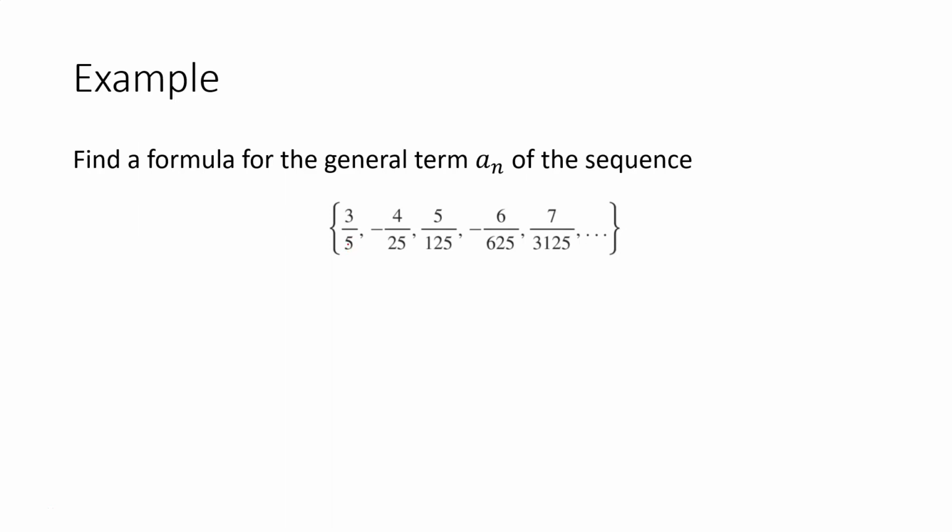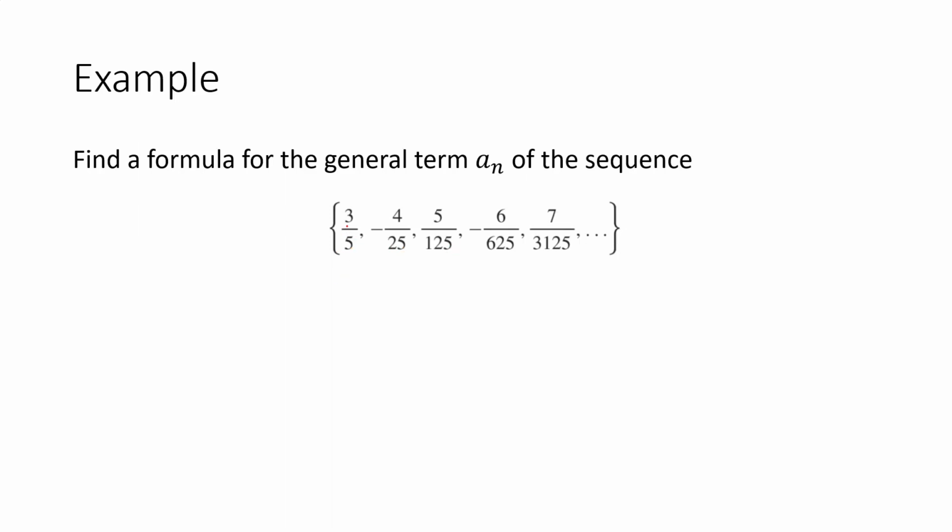So it's starting with 5, and then the next term would be 5 squared, and then the next term after that would have 5 cubed in the denominator, and then the next term would have 5 to the power of 4 in the denominator, and then 3,125, that's the same as 5 to the power of 5. So the pattern here is that we're looking at powers of 5. Where here this is 5 to the 1, 5 to the 2, 5 to the 3, and so on.